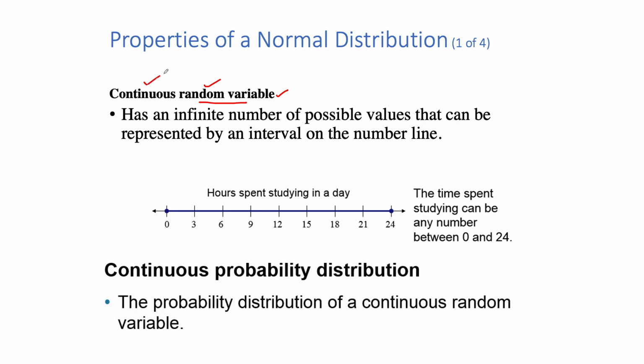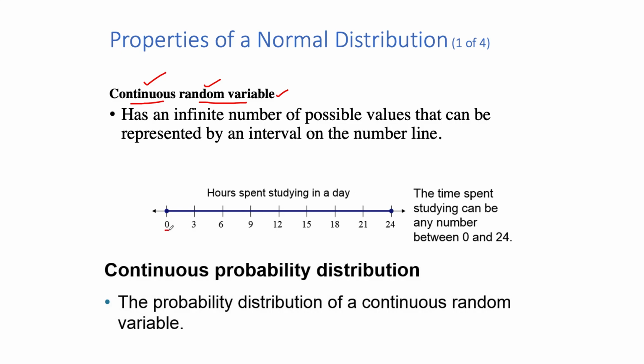The continuous part of it comes down to asking the question: is the number of outcomes that this variable can take finite or infinite? It's a way of saying, is the number of outcomes countable or not countable? If it is countable, which is what we talked about last week, we called it a discrete random variable. And if it's not countable, then we have a class of random variable that we call a continuous random variable. For instance, think about the hours spent studying in a day.